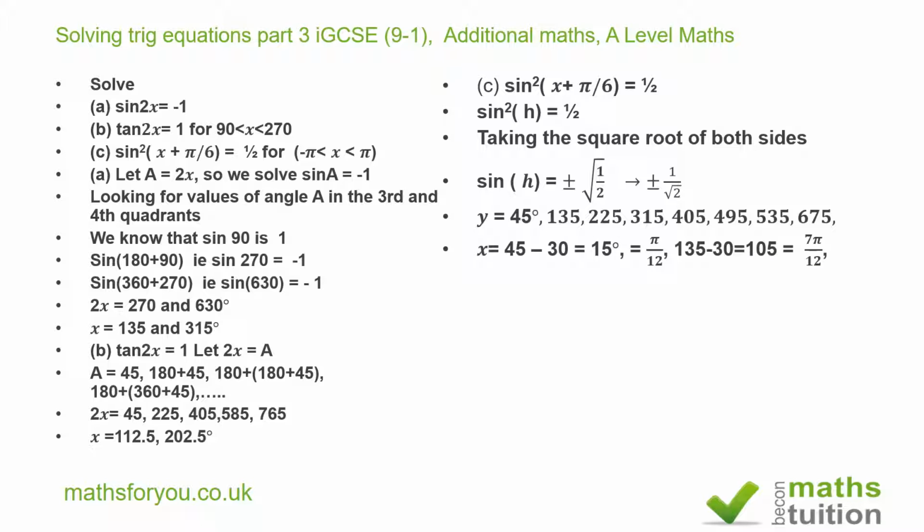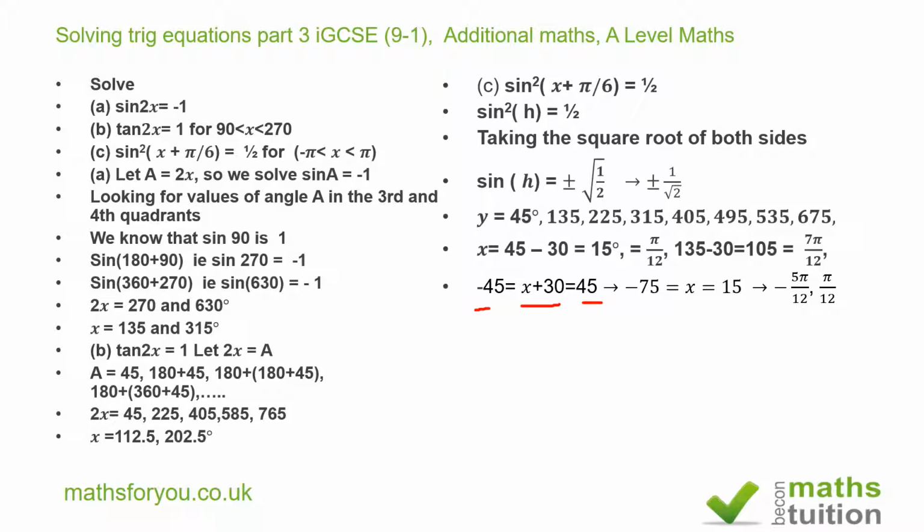Now, what about the values of x lower than 0, or negative values? Don't forget you've not got time to do this in an exam, and you haven't got time to explain using a sine curve. So what I tend to do is this: minus 45 is equal to x plus 30, or x plus 30 is equal to 45 degrees.